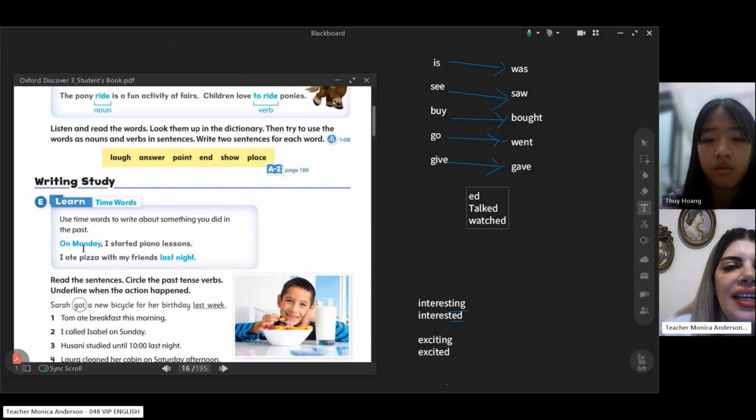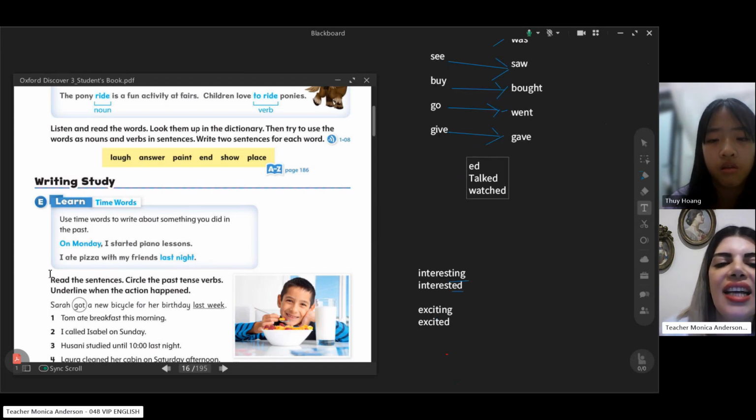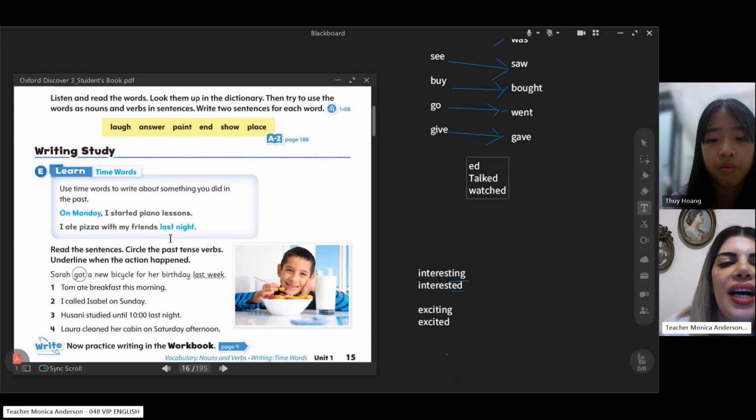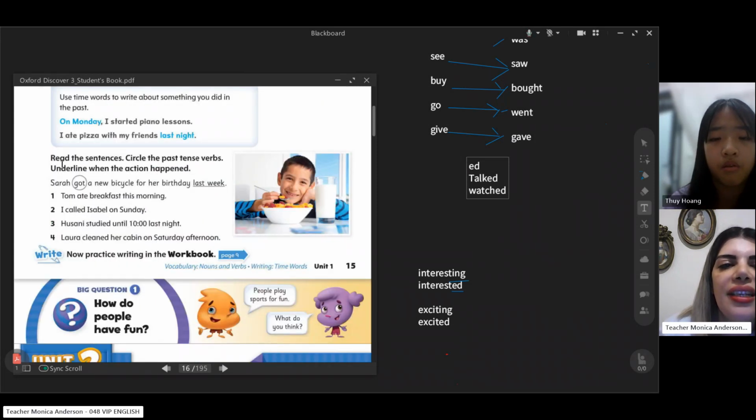Well, like this word. On Monday, I started piano lessons. I ate pizza with my friends last night. Okay, well, look at this part and circle the past tense.